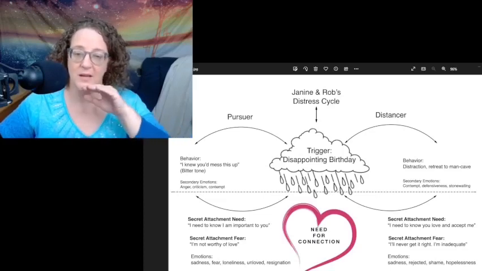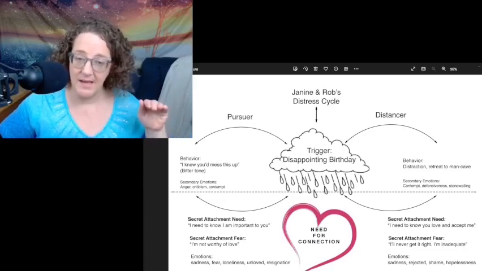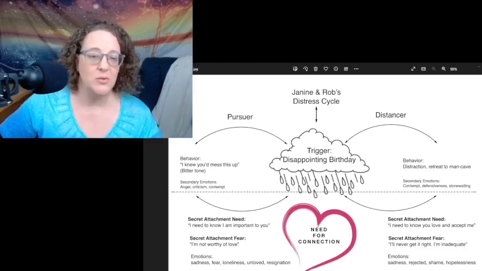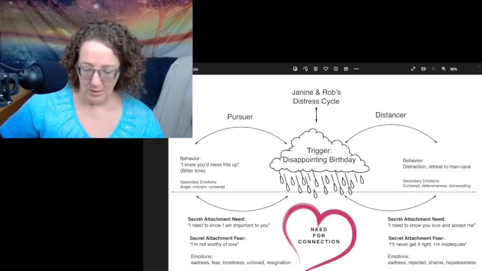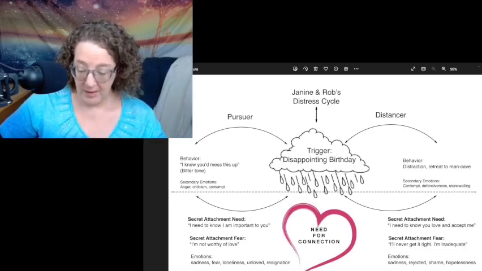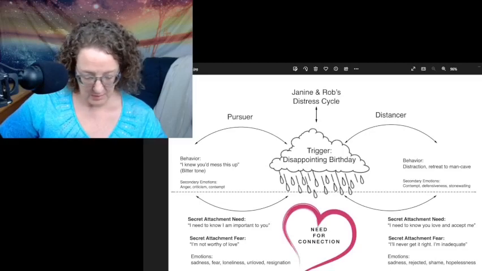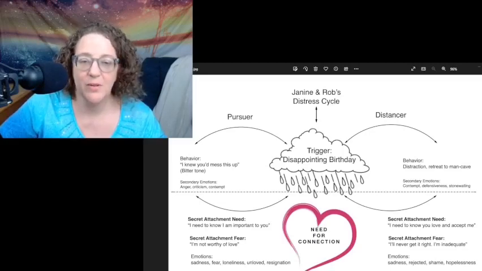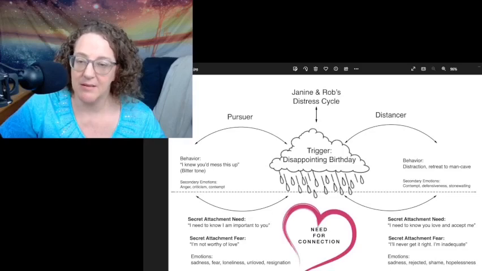So starting with the behavior that we see, I'm not sure who the pursuer is in this couplehood, but Janine and Rob, somebody had a disappointing birthday. And the secondary emotion that one of them showed was anger, criticism, and contempt.